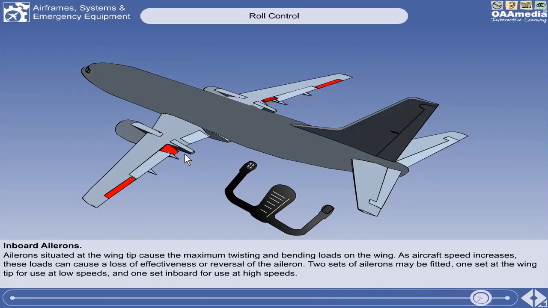The system then switches to the inboards only. Okay. Yung outboard aileron, commonly siyang ginagamit when an aircraft is flying at low air speeds, no? And yung inboard ailerons, kadalasan siyang ginagamit when the aircraft is flying at higher air speeds to reduce the effect of twisting and bending loads nung pakpak.